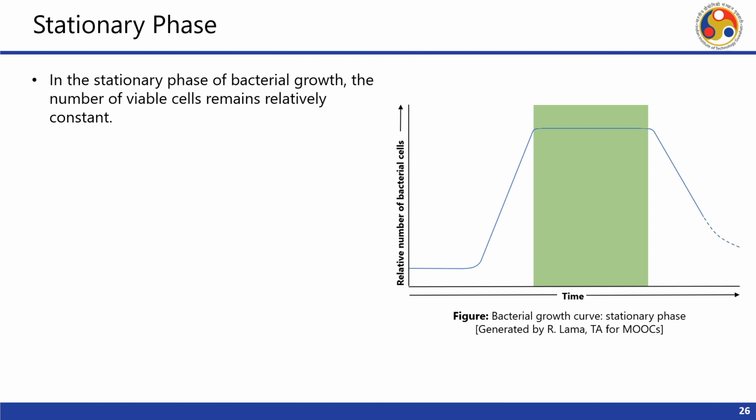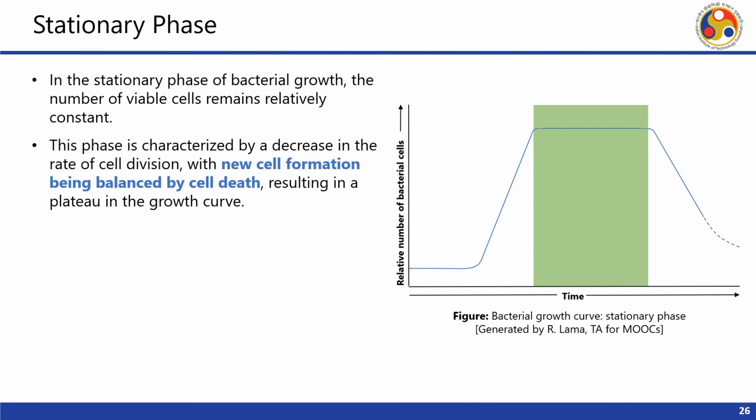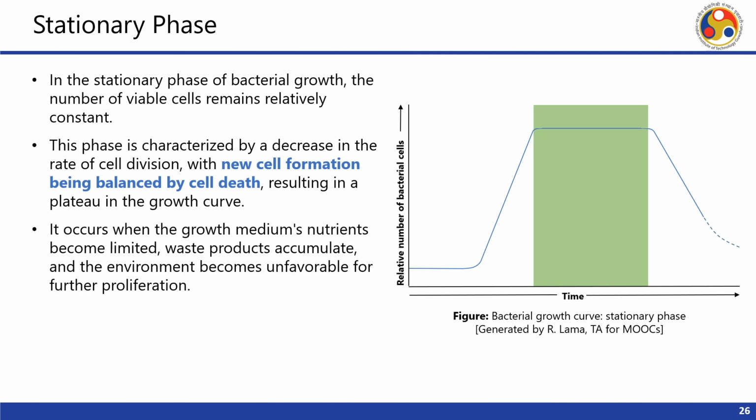Then we have the stationary phase. In the stationary phase of bacterial growth, the number of viable cells remains relatively constant. The phase is characterized by a decrease in the rate of cell division, with new cell formation being balanced by cell death, resulting in a plateau in the growth curve.